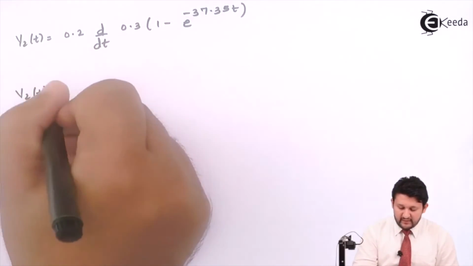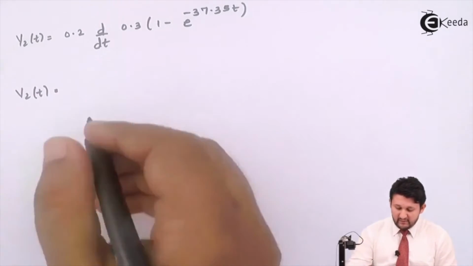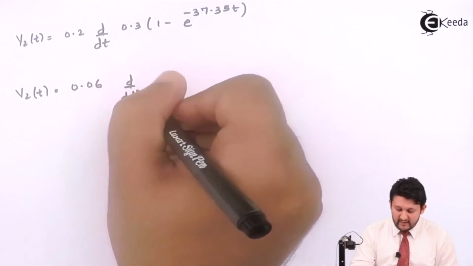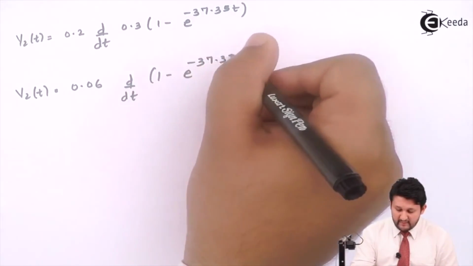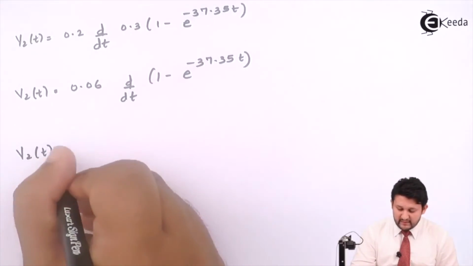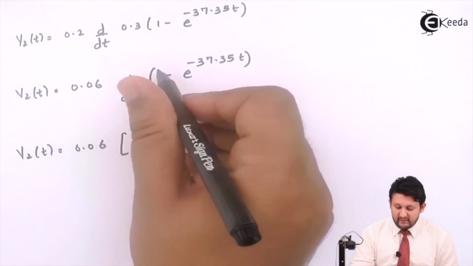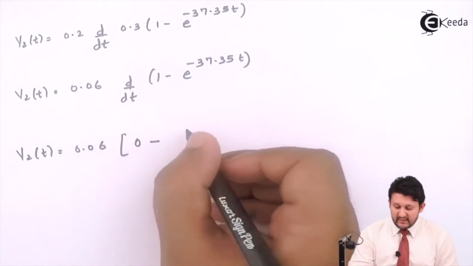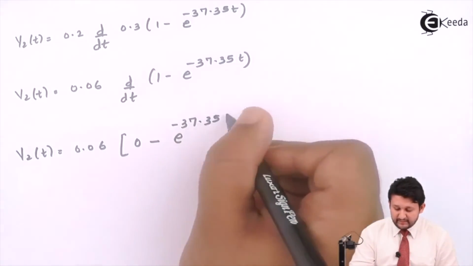So V2 of t is equal to, just multiply 0.2 into 0.3. The value which you get is 0.06. So d by dt bracket 1 minus e raised to minus 37.35 into t. So differentiate. So V2 of t is equal to, my dear friends, 0.06. If I differentiate 1 with respect to t, that is constant, so derivative will be 0, minus exponential. Exponential derivative is as it is.